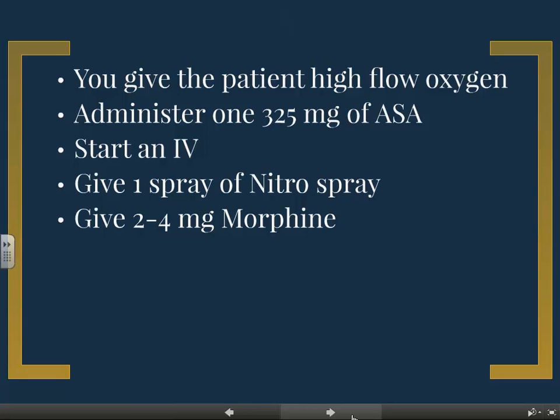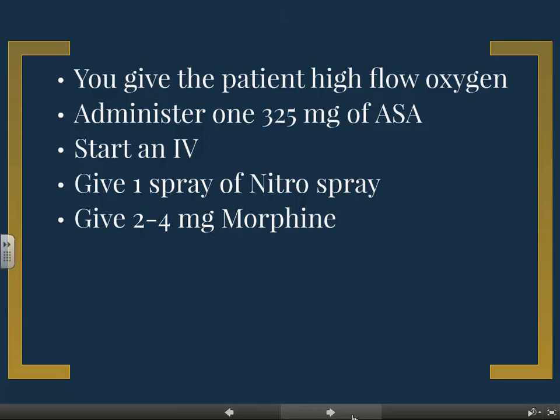If we go vasodilating, we're going to decrease preload. We may dump their pressure way down, all right? So you need to have what going or what ready? Fluids, definitely. All right?